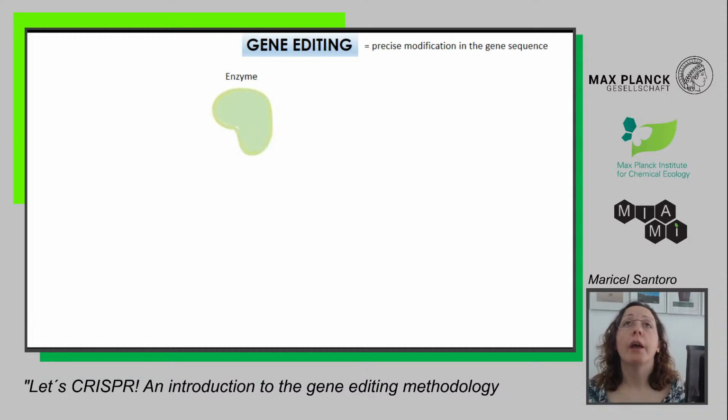Gene editing has two components: an enzyme, this worker, which is called Cas9, and an RNA. There are two different kinds of molecules. The RNA is very similar to the DNA, and the enzymes are these proteins that actually carry out all the reactions in the cell. The RNA is called guide RNA, and it has two components too.